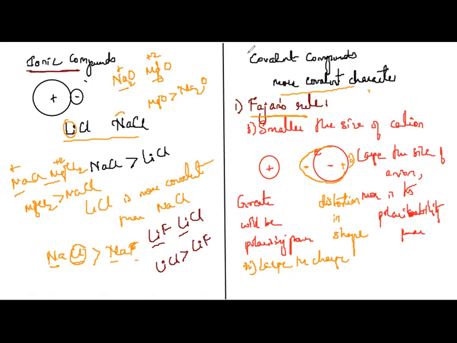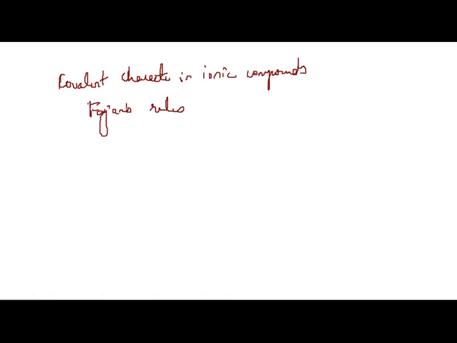Therefore, I conclude: covalent character in ionic compounds can be explained by Fajans rule. What are the 3 Fajans rules? First, smaller the size of the cation, more will be its polarizing power, therefore more is the covalent character.